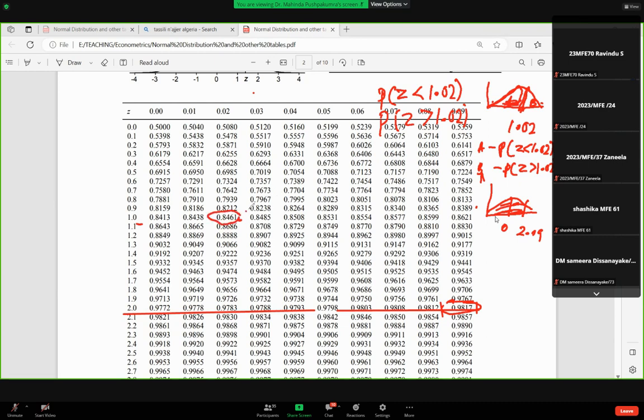And this shows the probability related to this area, less than 1.02, or probability of A. What is the probability of B?